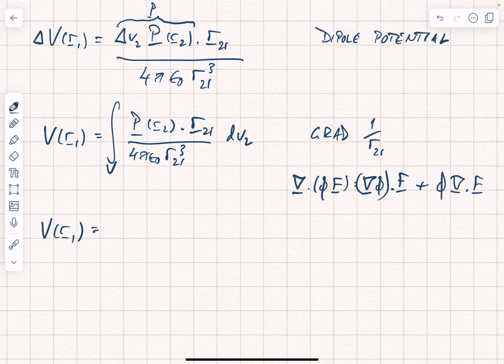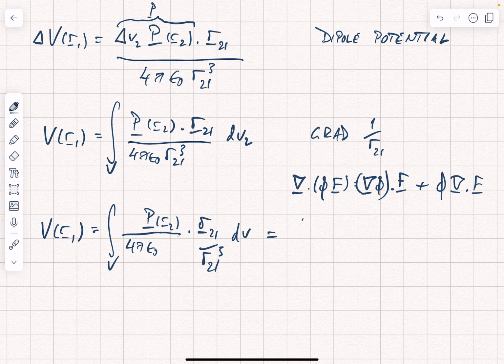We see the following. So first of all, I'm going to write, we've got a capital P at R2 divided by 4 pi epsilon naught R21. No, not R21 cubed. I'm going to leave the 4 pi epsilon naught there. And then we're going to have that dotted with R21 over R21 cubed dv.